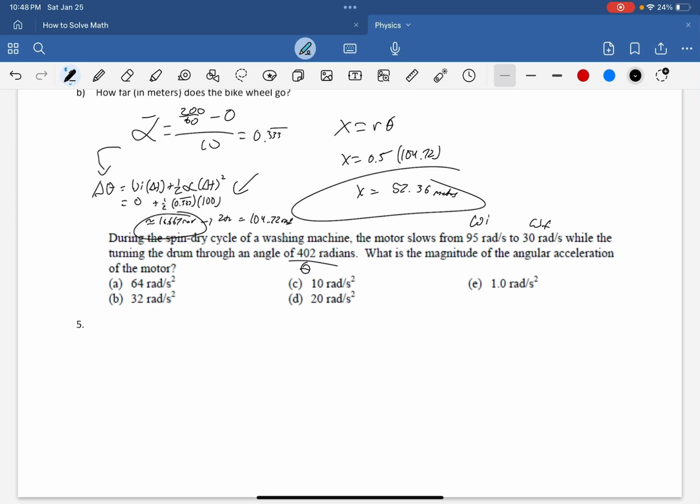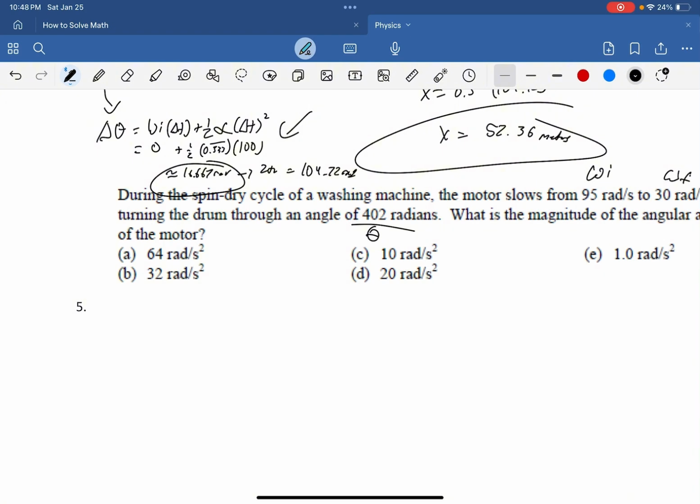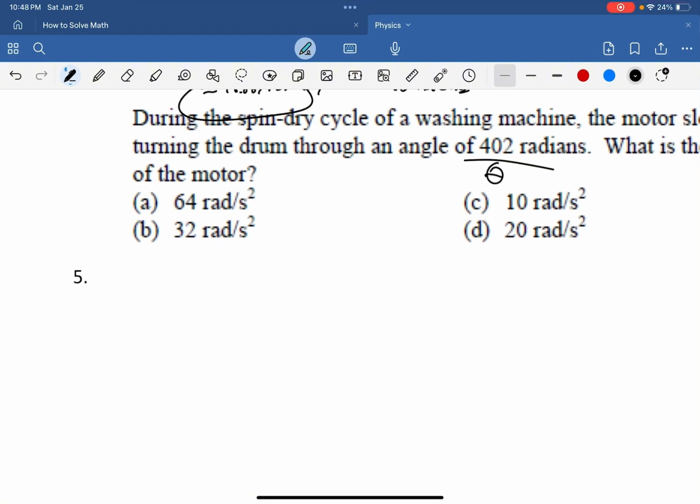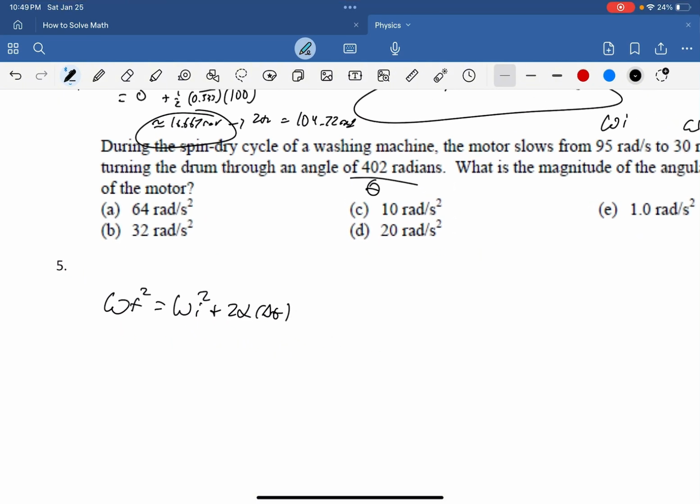Delta theta, 402 radians, is just theta. So we're trying to find what alpha is, and the perfect equation for that, given what's given to us, is this. So WF is 30, and then we're going to square that, and then we have WI, which is 95, square that, plus 2 alpha, and then change in theta, 402. So just pull out your trusty calculators. 30 squared is 900.